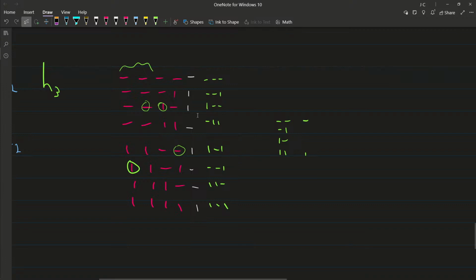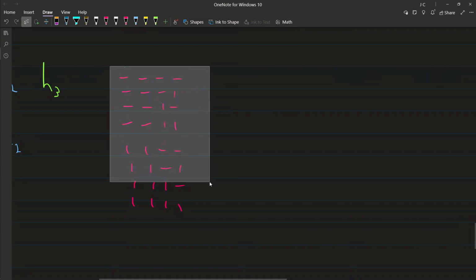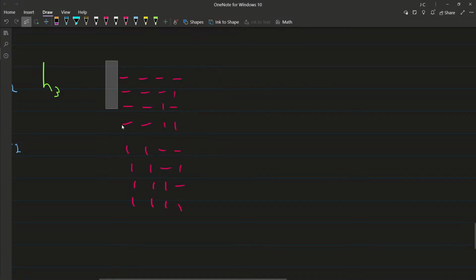That's kind of what we had here. So this would be a three-dimensional identity map, and then you can.